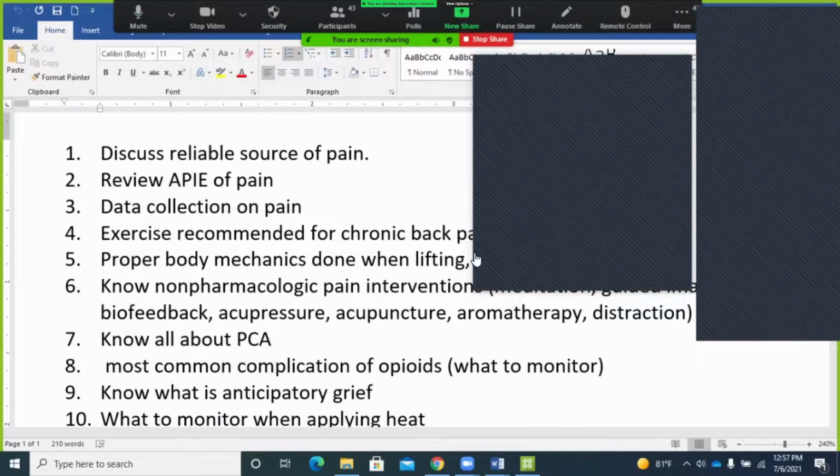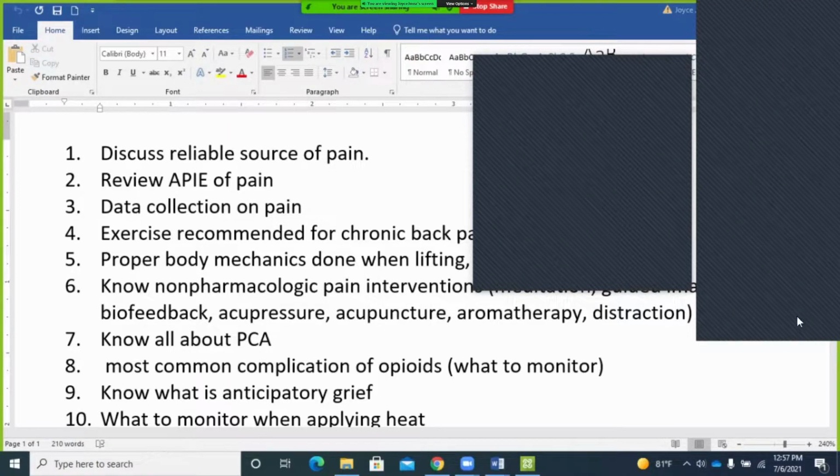PCA, let's talk about PCA. What is this PCA? Patient-controlled analgesia. Is it a drug delivery system that allows the patient to self-administer analgesics whenever needed?